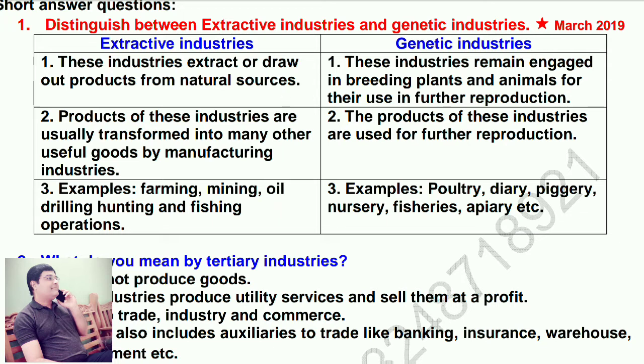And genetic industry: these industries remain engaged in breeding plants and animals for their use in further reproduction. Products of extractive industries are usually transformed into many other useful goods by manufacturing industries. The product of genetic industries are used for further reproduction.